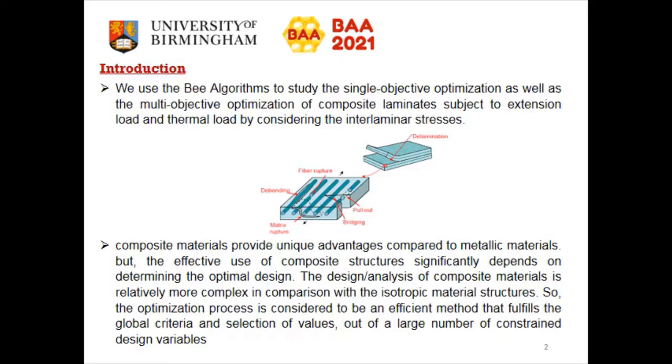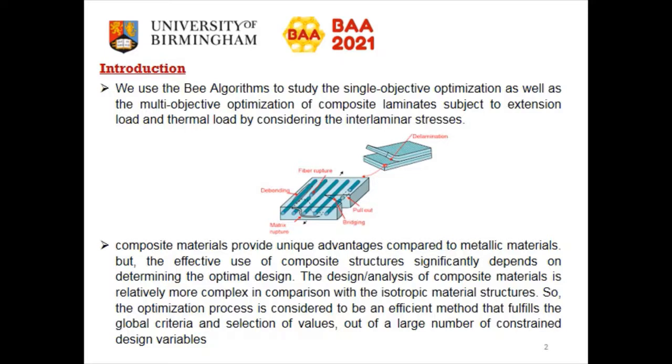The design or analysis of composite material is relatively more complex in comparison with isotropic material structure. So the optimization process is considered to be an efficient method that fulfills the global criteria and selection of values out of a large number of constrained design variables.